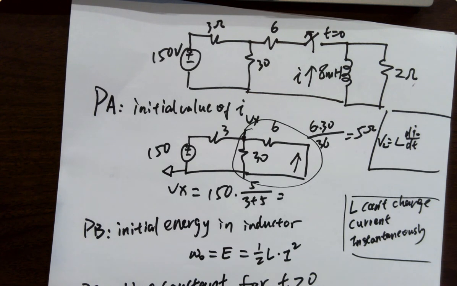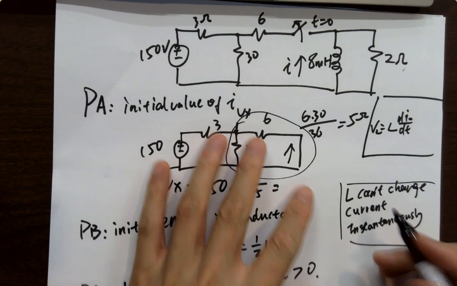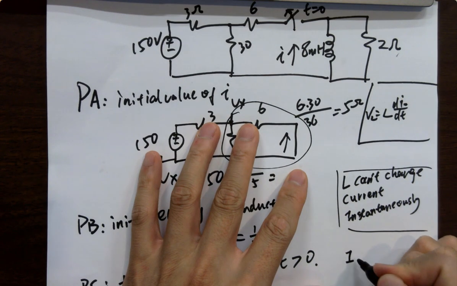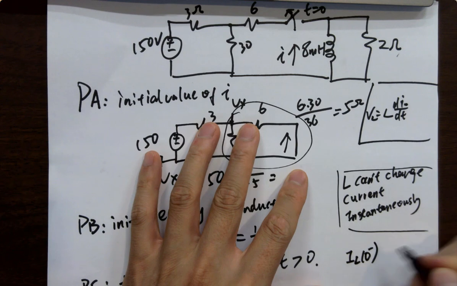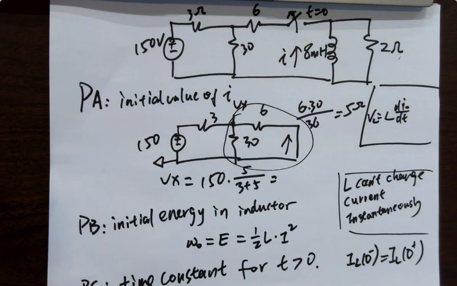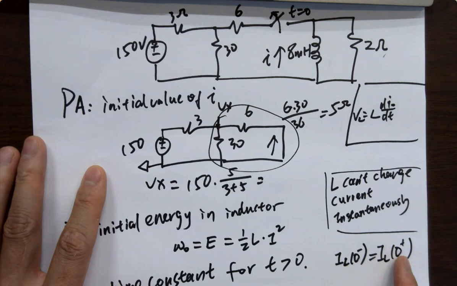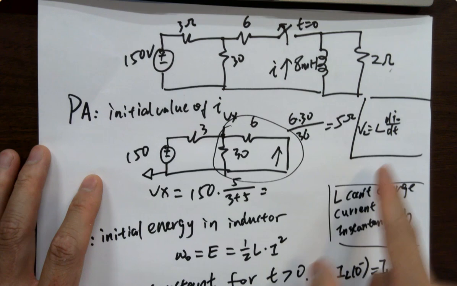All right. Initial current flowing in it. You open it, and the current is not changing immediately. It's still that. So IL(0 minus) equals IL(0 plus). Even though you open it at T0, at 0 plus the current is not changing.